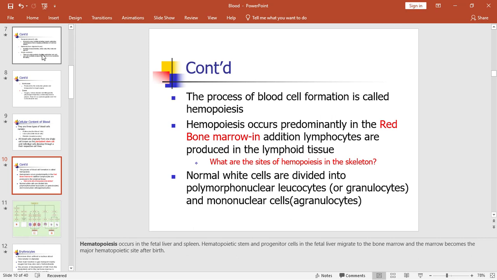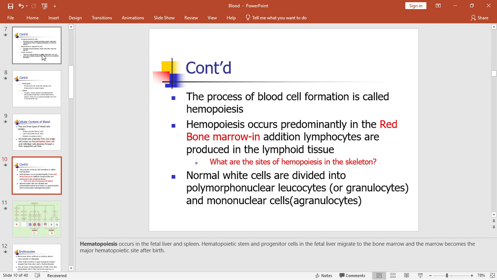What if I told you that the site of production of hematopoiesis, or hemopoiesis, differs depending on the age group? In children, the production of red blood cells will take place both in the red marrow and also in the liver and the spleen.